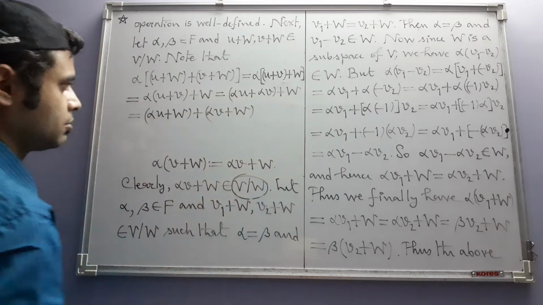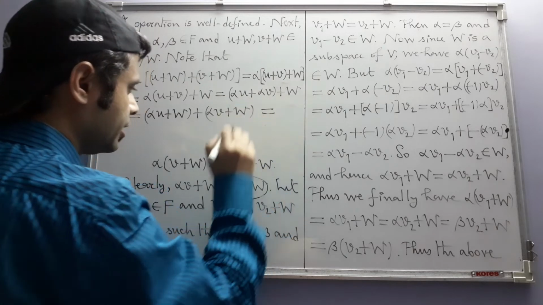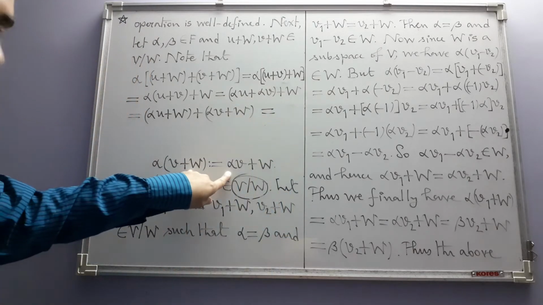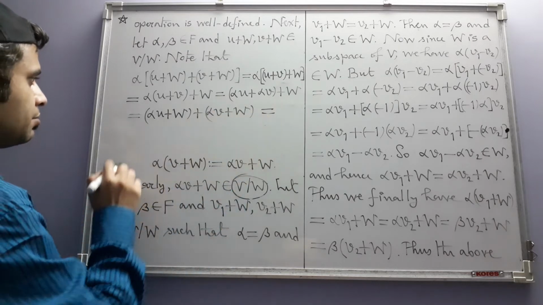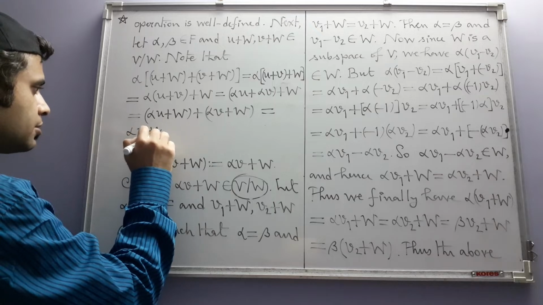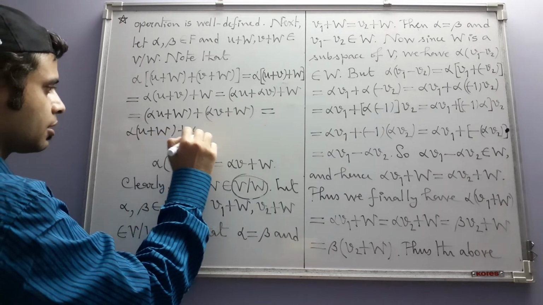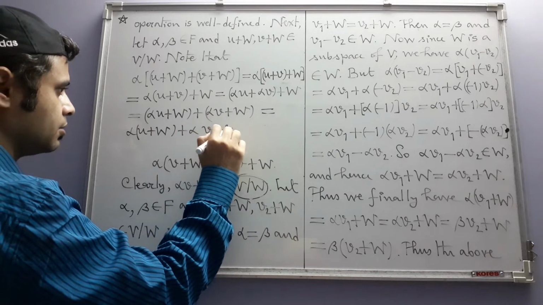Okay, and then again we use this definition. So this will be equal to alpha times u plus w plus alpha times v plus w.